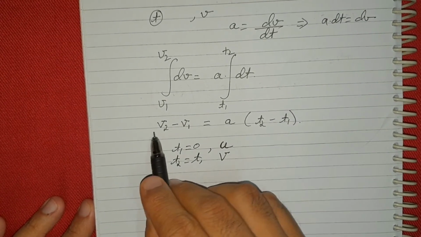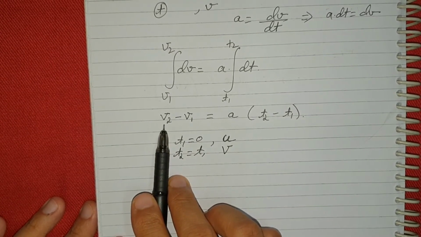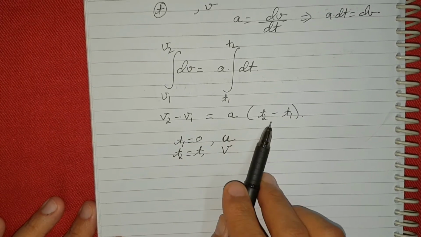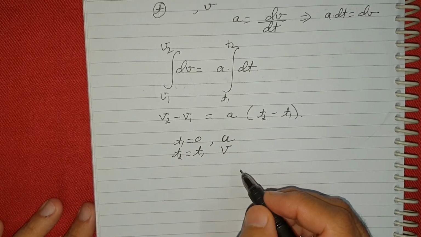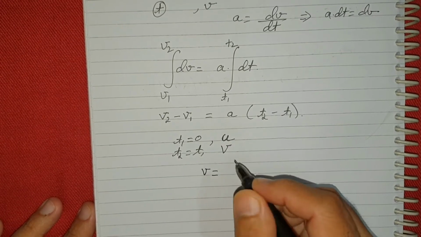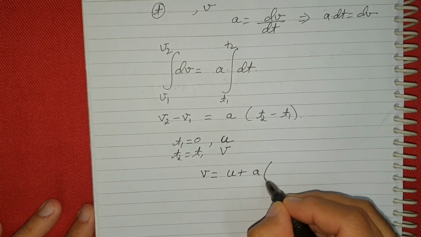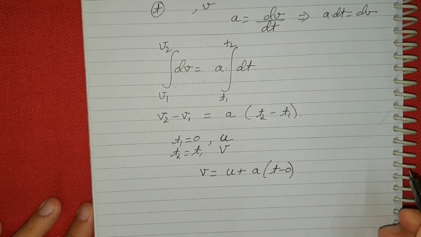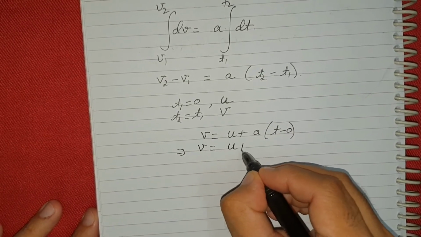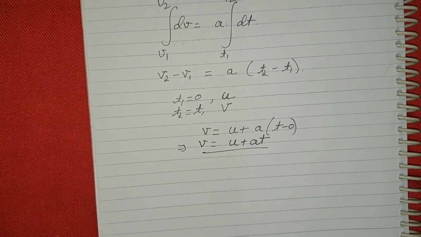So this equation will be reduced to v minus u equals at. So this will be reduced to v equals u plus a times t minus 0. This is the same as v equals u plus at. This is the first equation.